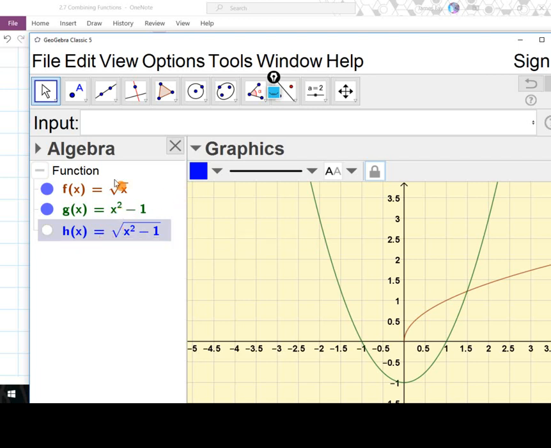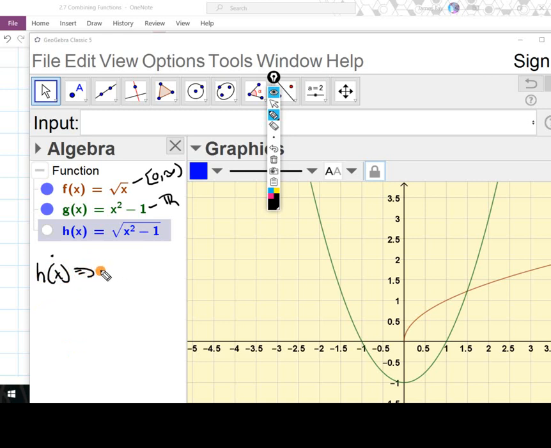So if I go back to this here, this domain here is still 0 to infinity. This domain here is still all real numbers. When I figure out h's domain, I'm going to start with all real numbers. But now I'm also going to think, when I generate that actual domain, x squared minus 1 cannot be 0.